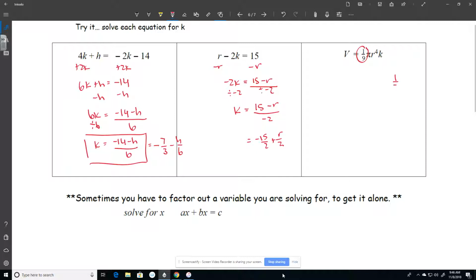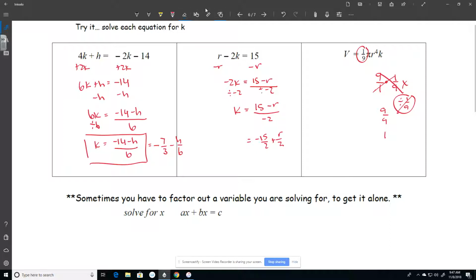If I'm doing 1/9 times x, instead of dividing by 1/9, we're going to times by the opposite, 9 over 1. Because when I do that, this becomes 9 over 9, which becomes 1, and that gets rid of the fraction.